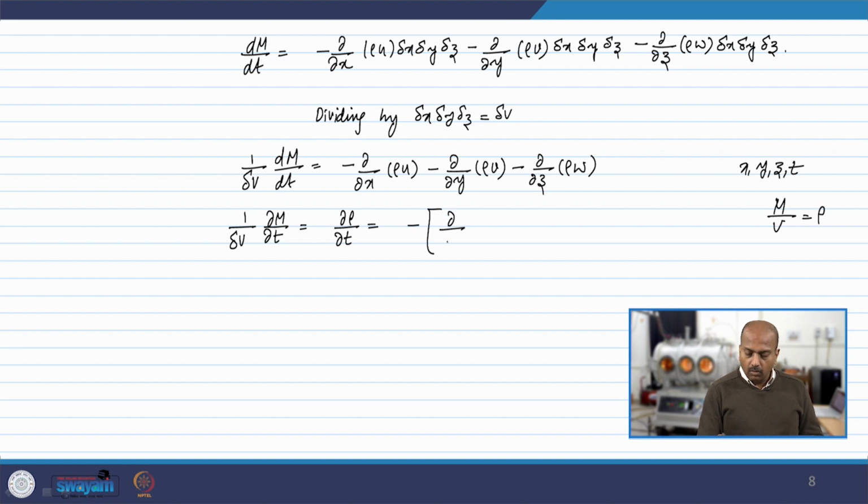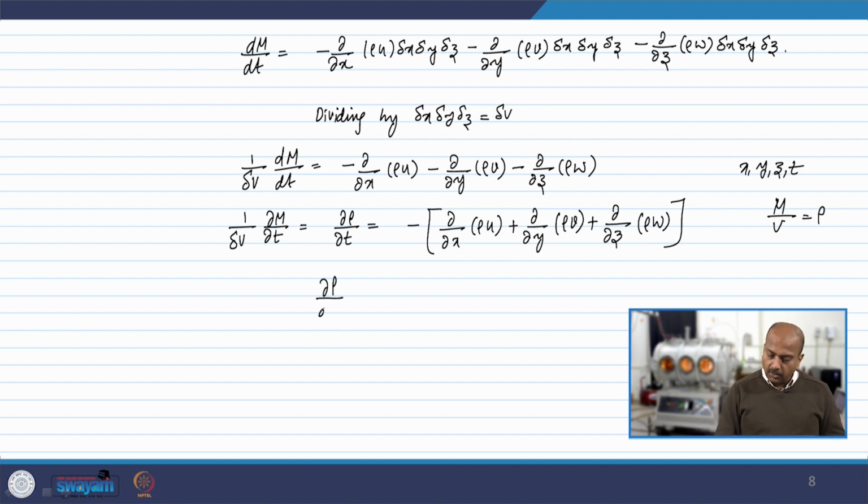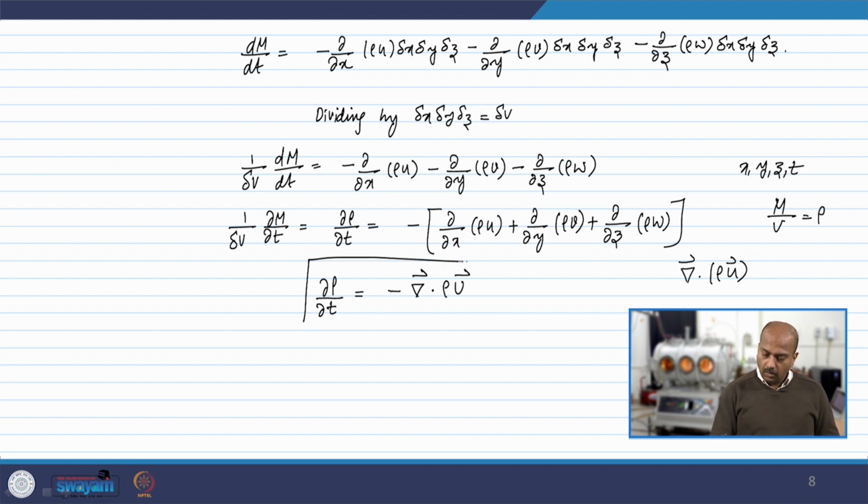minus ∂/∂x of ρu plus ∂/∂y of ρv plus ∂/∂z of ρw, or the partial change of density with respect to only time will be equal to, all of this can be written as the divergence of this, minus del dot ρu, where u is the three-dimensional velocity vector ui plus vj plus wk.